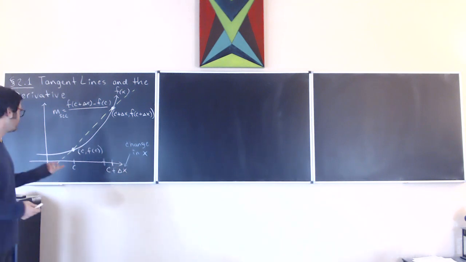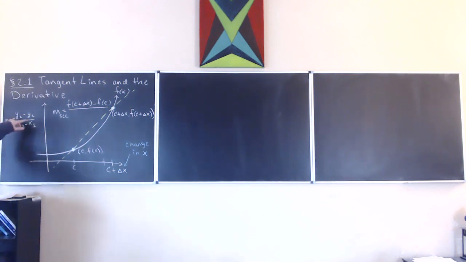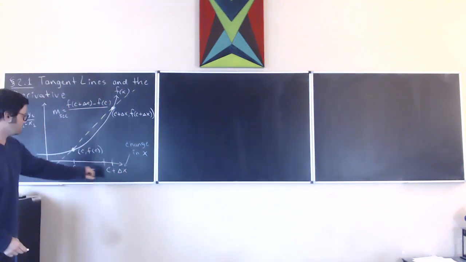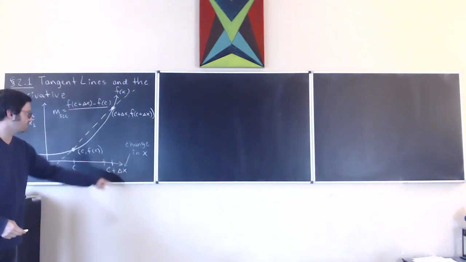If you remember the slope formula, just recall, I guess, so m is equal to y2 minus y1 over x2 minus x1, right? Your rise over your run. So how far did we change from here to there, which is that number minus that, which is just delta x.